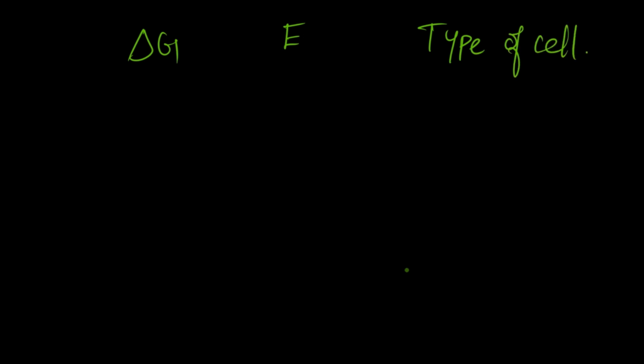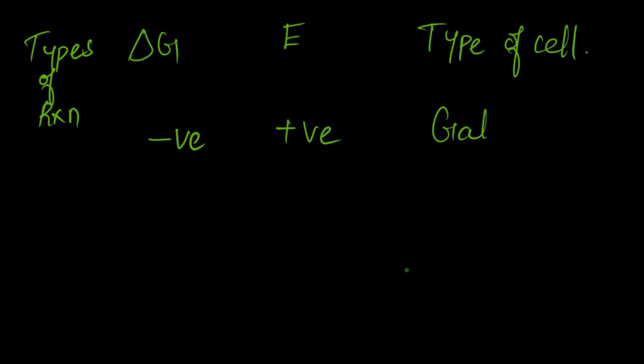So other important formulas of this chapter are the type of reaction prediction, delta G, E values, and the type of cell. If that is given, how will you predict the type of reaction? If I have delta G negative, the E value will be positive for a galvanic cell, which means this is a spontaneous reaction.